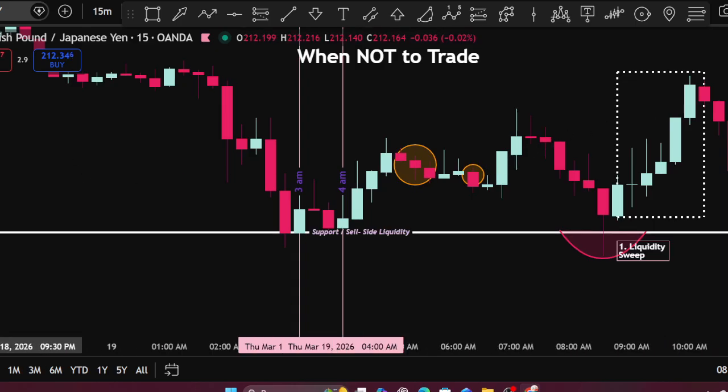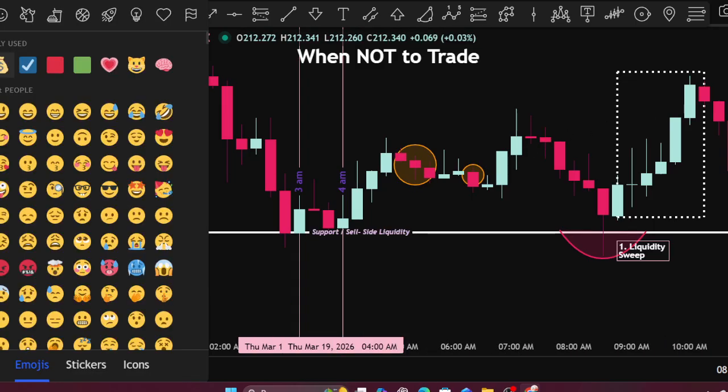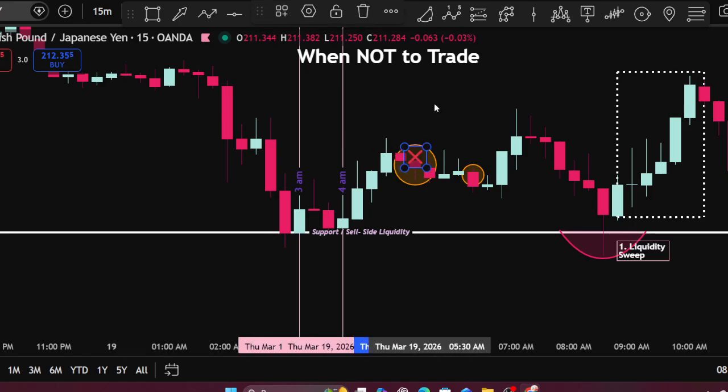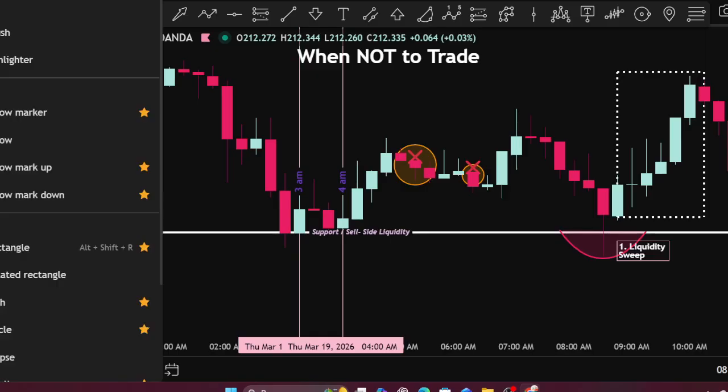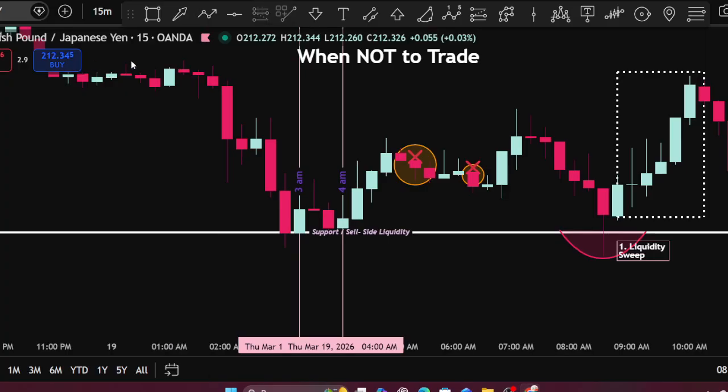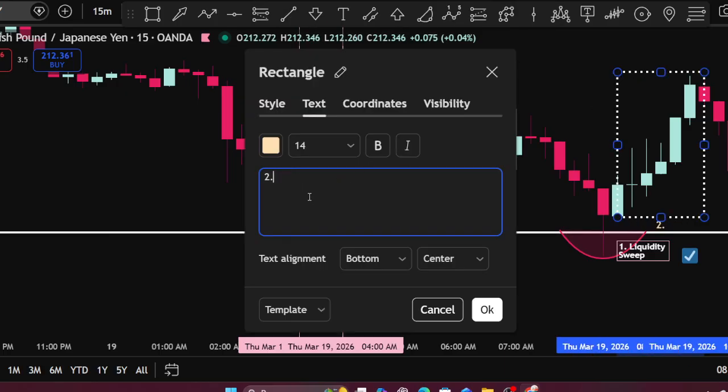We did not have any interruptions. So we had our liquidity sweep. Perfect. We had number two, which was our displacement.